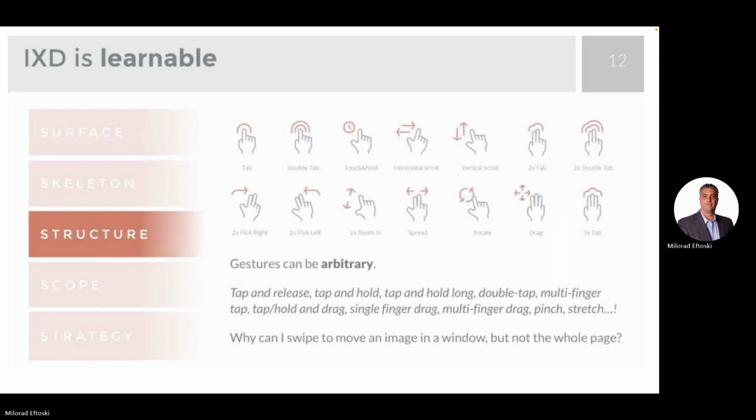Here's where we are right now. Gestures can be arbitrary. Do you know how many gestures there are? These are the most obvious ones, right? You've got the tap, double tap, touch and hold, horizontal scroll, vertical scroll, right?